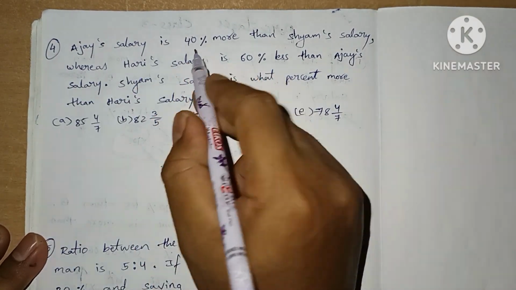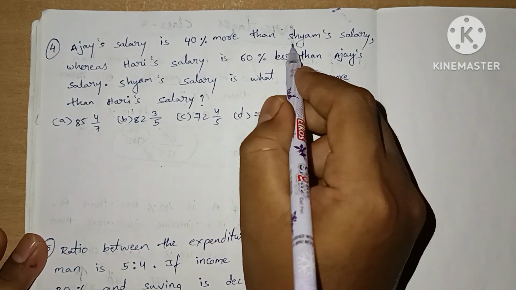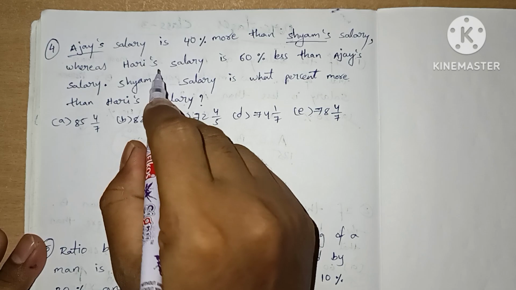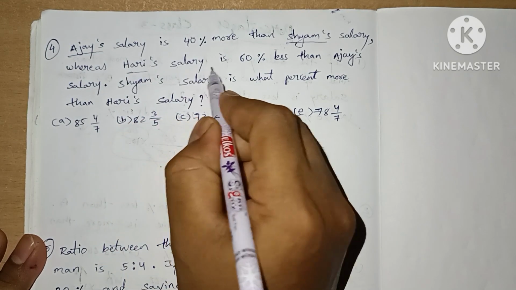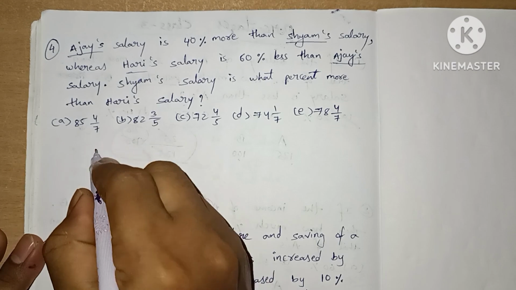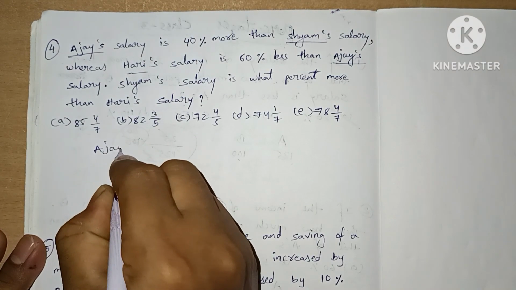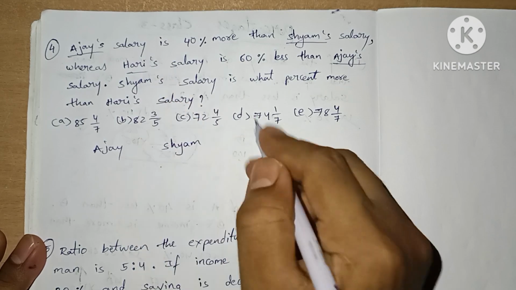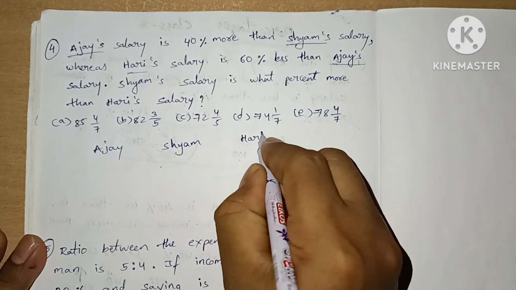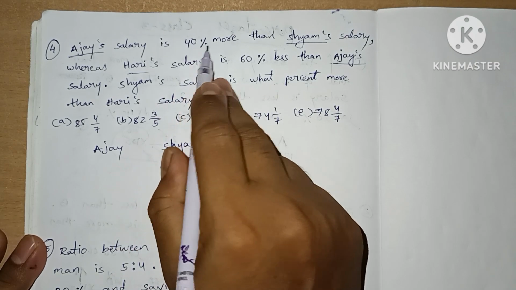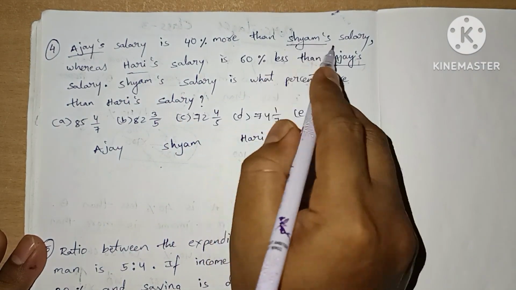Now we are going to see question number 4. Ajay's salary is 40% more than Shyam, whereas Hari's salary is 60% less than Ajay. So there are three persons: Ajay, Shyam, and Hari. First, Ajay's salary is 40% more than Shyam, comparing with Shyam.